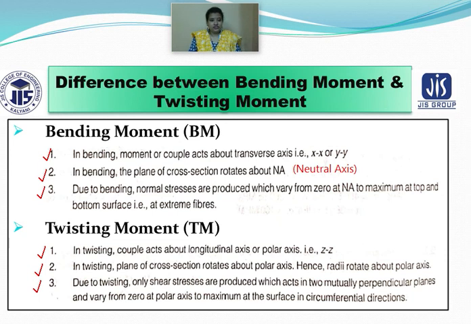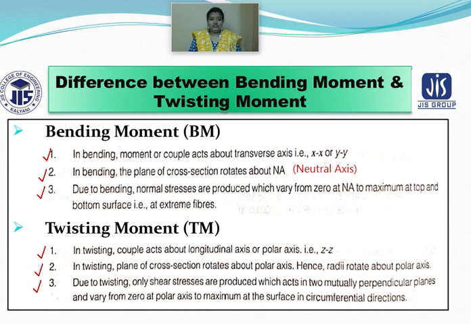In bending, the plane of cross section rotates about your neutral axis, but in twisting, the plane of cross section always rotates about the polar axis, so the radial rotation also occurs about the polar axis.